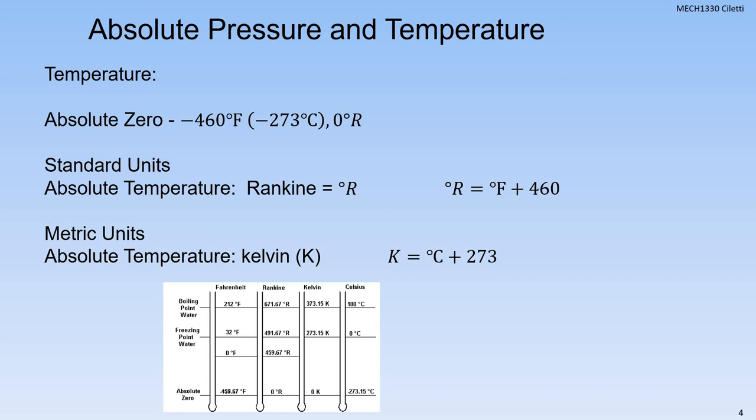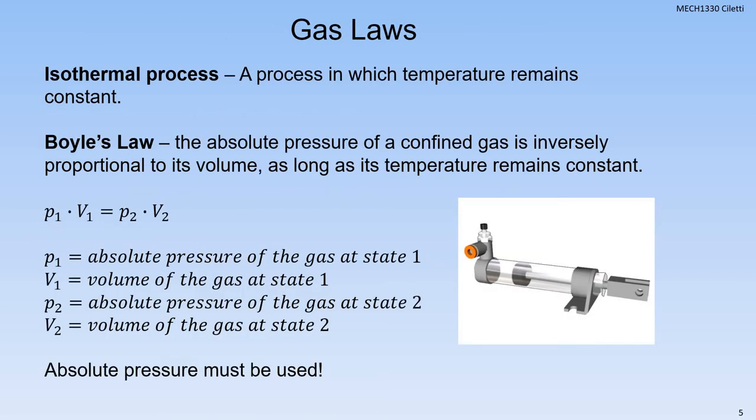In metric, we use Celsius and we use Kelvin. Kelvin's the absolute. To get Rankine, you're going to take Fahrenheit plus 460. To get Kelvin, you're going to take Celsius plus 273. So in our standard imperial units, we have to do everything in Rankine, which is absolute temperature. In our metric units, we're going to do everything in Kelvin, which is our absolute temperature.